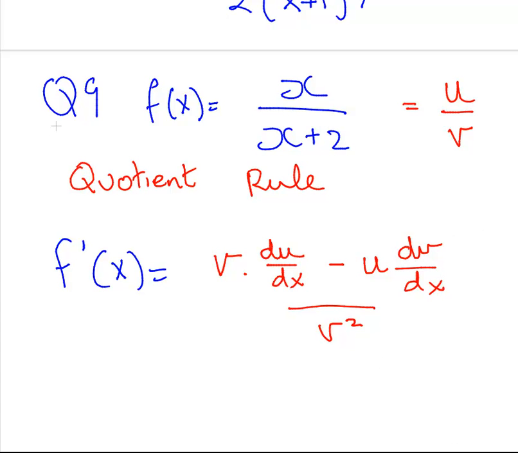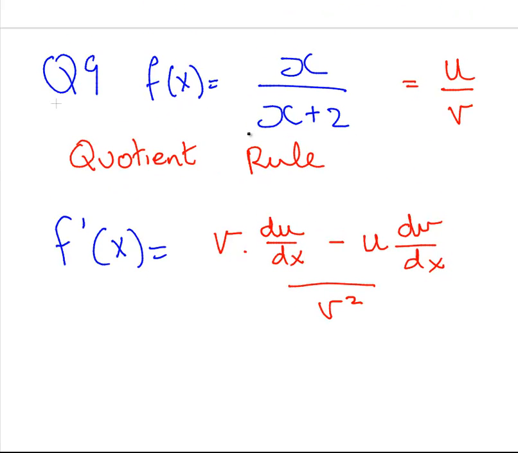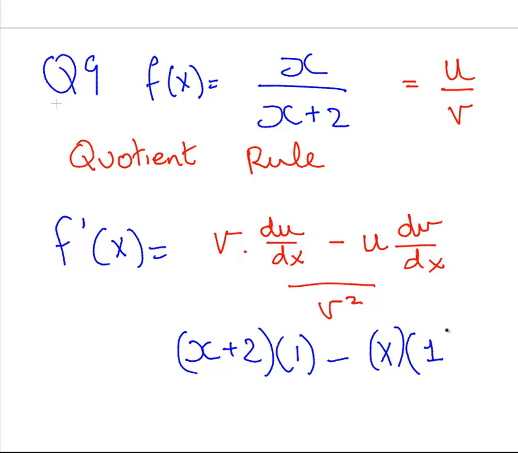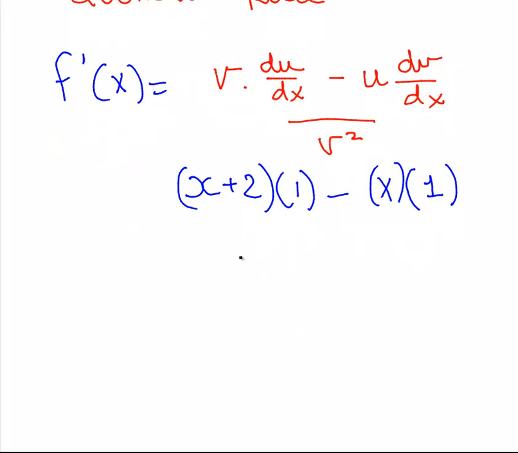The derivative of x is 1. So what we have here is x plus 2 times du dx, the derivative of x with respect to x, that's 1, minus x, that's u, times dv dx, the derivative of x plus 2, that is 1, over x plus 2 squared.